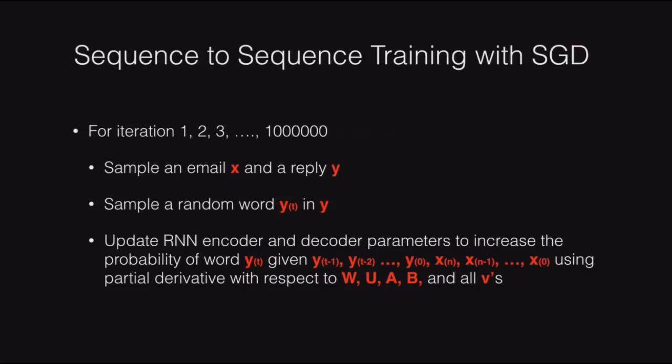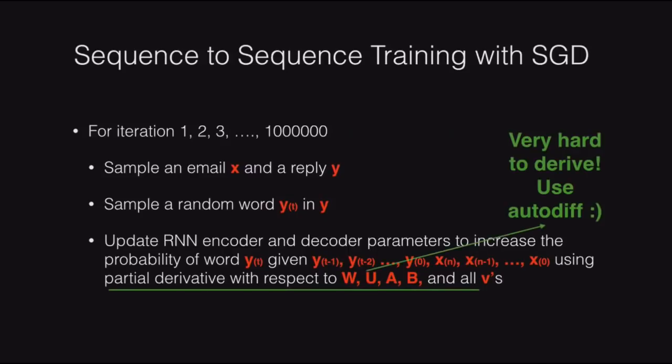Then you sample a random word y_t in Y. And then you update the RNN encoder and decoder parameters so that you increase the probability that y_t is correct given everything you've seen before, which is y_{t-1}, y_{t-2}, etc., and also all the x's. Then you have to compute the partial derivatives to make it work. Computing partial derivatives is very difficult, so again, I recommend you use something like auto differentiation in TensorFlow, Torch, or Theano.